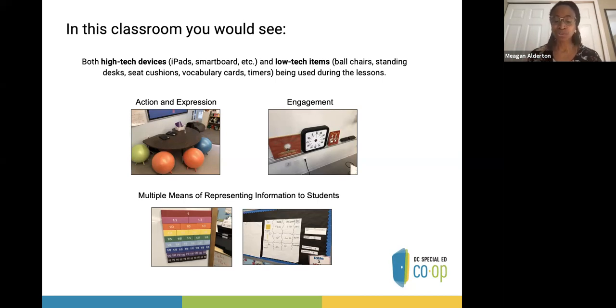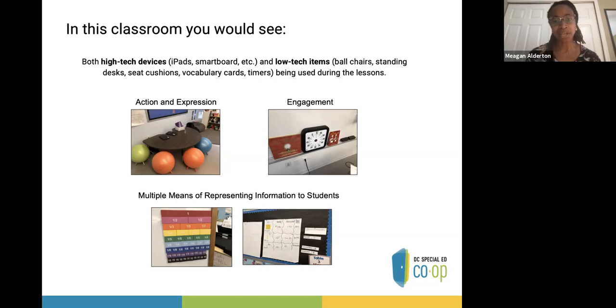And then what we'll do is we actually did get some video of instruction from this particular classroom this year. And so we're going to see how they were able to adapt to a virtual environment and still use the UDL principles to inform their teaching practices. What was really exciting about last year is we were able to integrate assistive technology into this process.